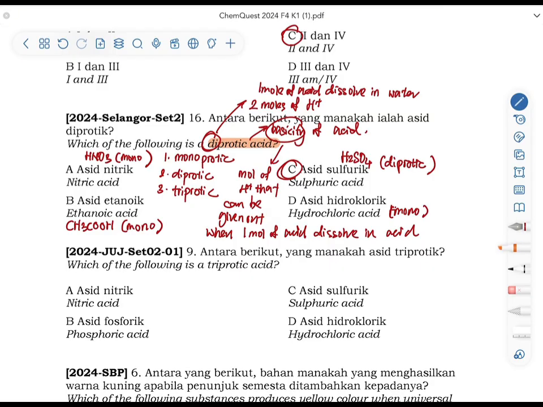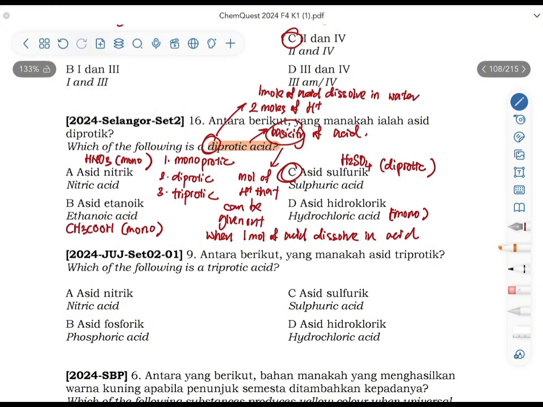Actually, there is a hint that can let you know how many moles of hydrogen ion an acid gives. When you see H2, it means that it will give 2 moles of hydrogen ion. We can write the equation like this: when it ionizes in water, it will give 2 moles of hydrogen ion and 1 mole of sulfate ion.